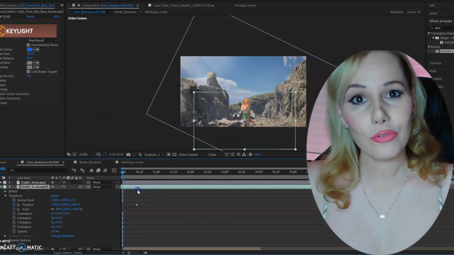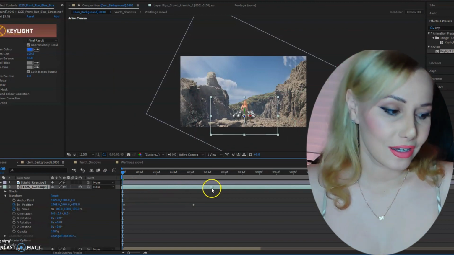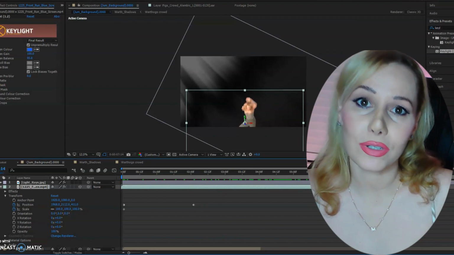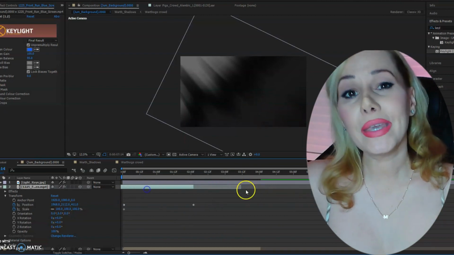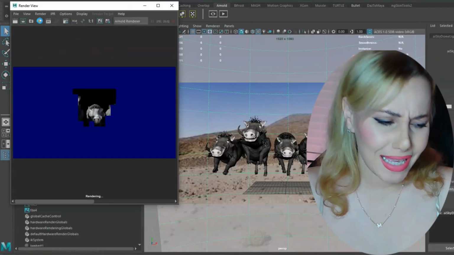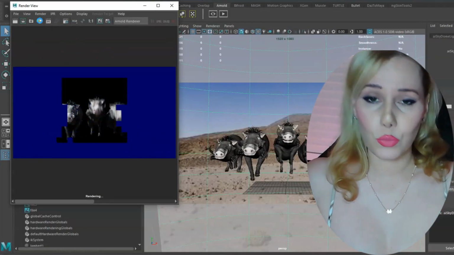So I put all of that into After Effects: my blue screen running, the rendered environment in Jumanji. I animated the warthogs in Maya. So that's the weird thing about warthogs. There actually have to be rhinos in the original scene of Jumanji.